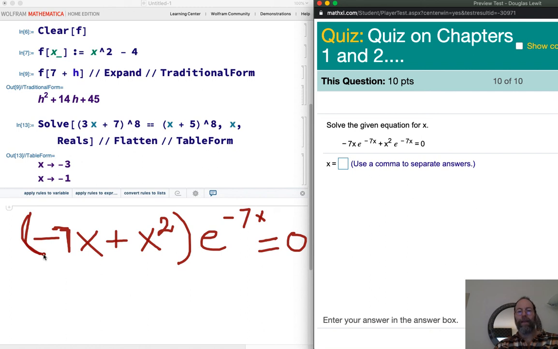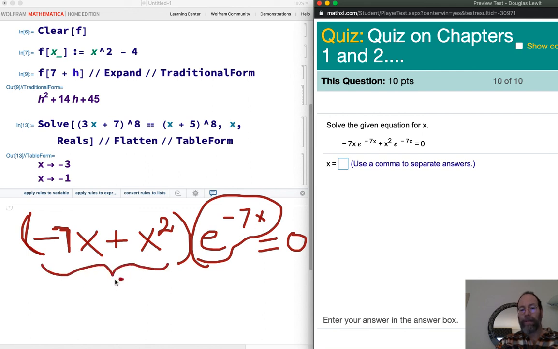Okay? So I realize that e to the -7x is never going to be 0. Okay, this may get very close to 0, but it will never really be 0. So this part of the expression is going to be 0. This part of the expression.